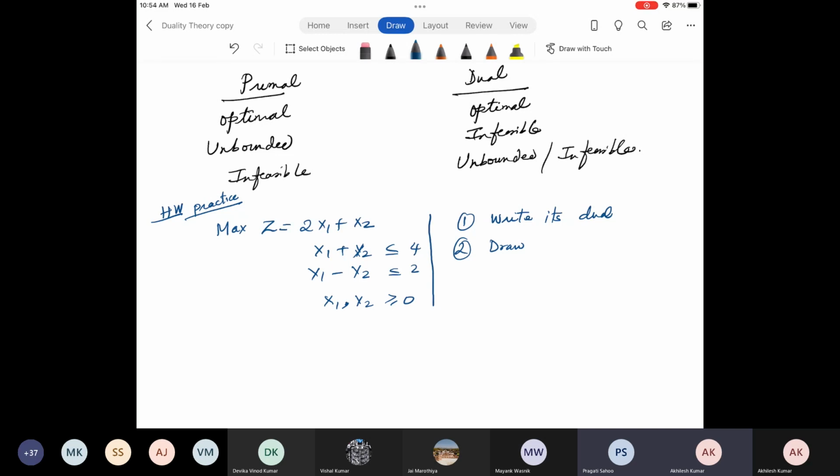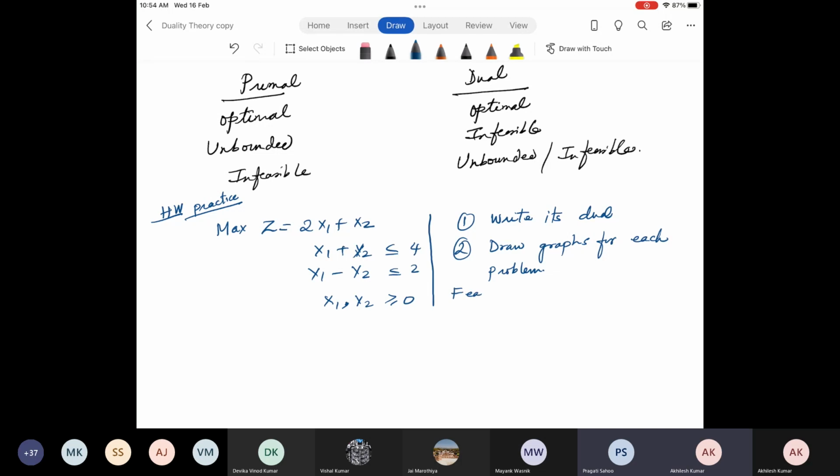Look at the structure of primal. Is it two variable or three variable problem? Sir, two variable. So you can draw the graph. Draw graphs for each problem.